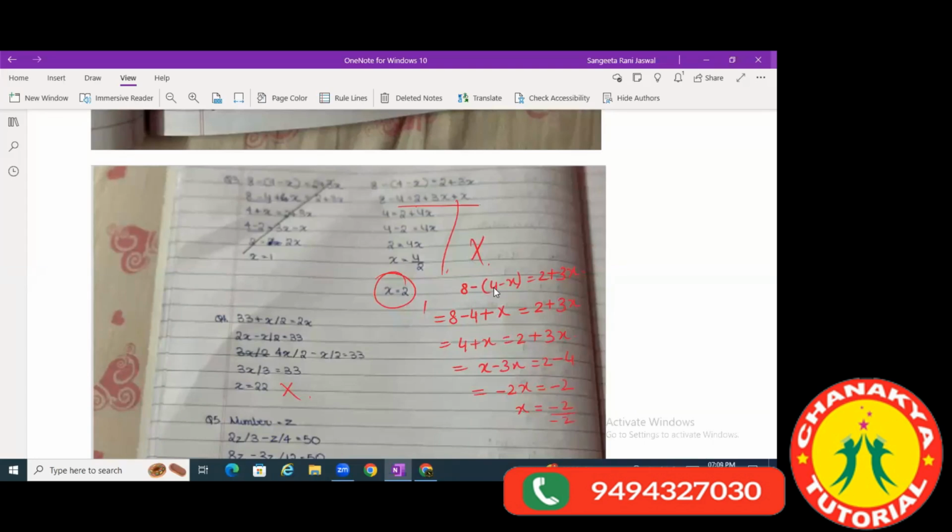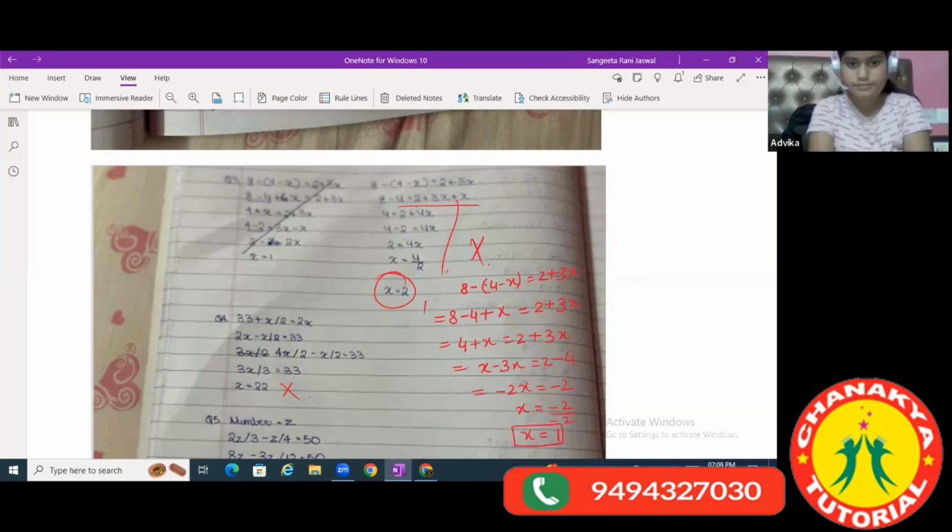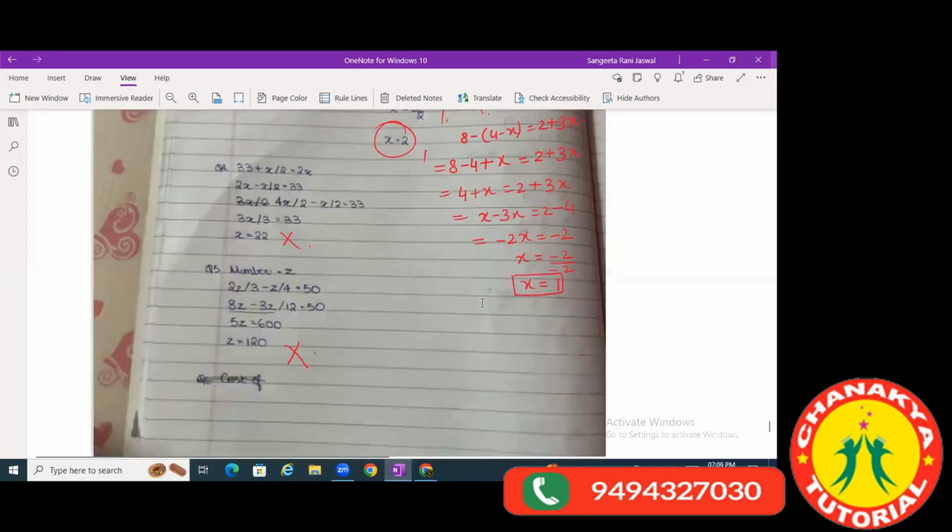Minus and minus signs will become positive and 2 by 2 will be 1. So x is equal to 1 here. Understood? So be careful. See, now the fourth question is also wrong. Fifth is also wrong. I think you have not understood the statement of the question.